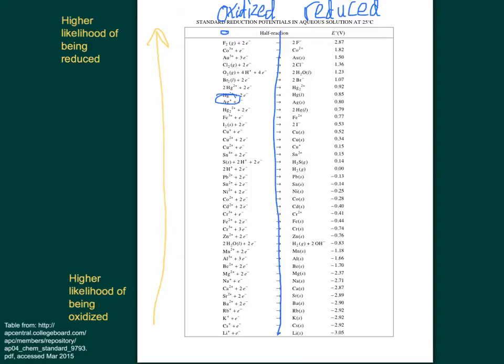Okay, so we had a silver ion, and we also had present lead, solid lead.